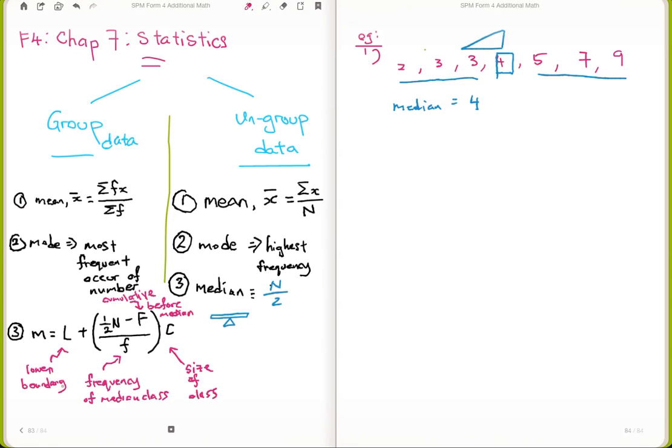Okay, there's another way to get the mode, which is through the histogram. Say in a histogram, the mode is the most frequent. Maybe you have lower boundary, upper boundary.